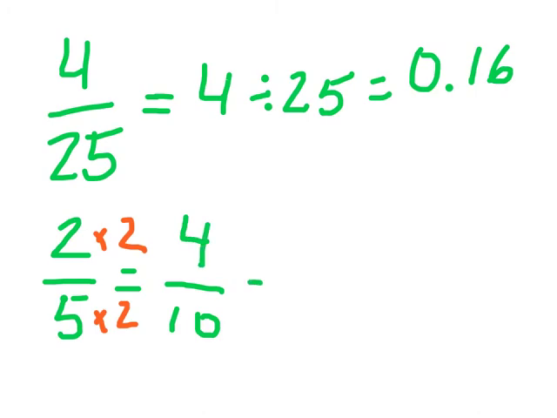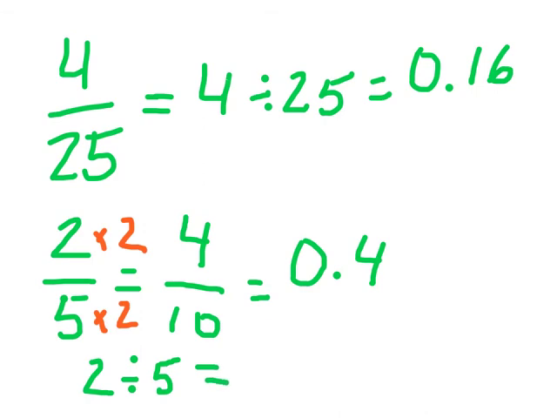So 4 tenths, I know as a decimal, if I put it on my place value chart, looks like this. And if I wanted to just do it really quickly and easily on my calculator, if I punch in 2 divided by 5, like that, from my original fraction, then I will get the decimal 0.4.